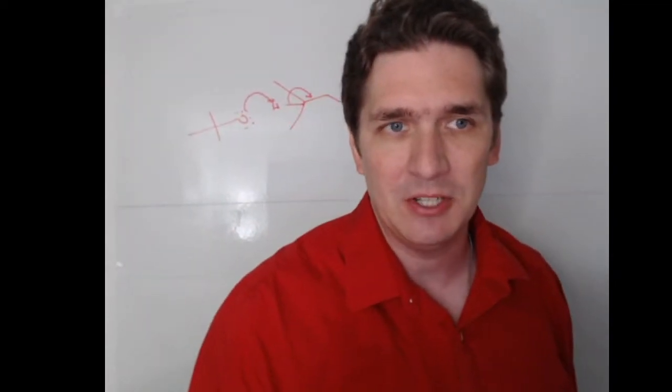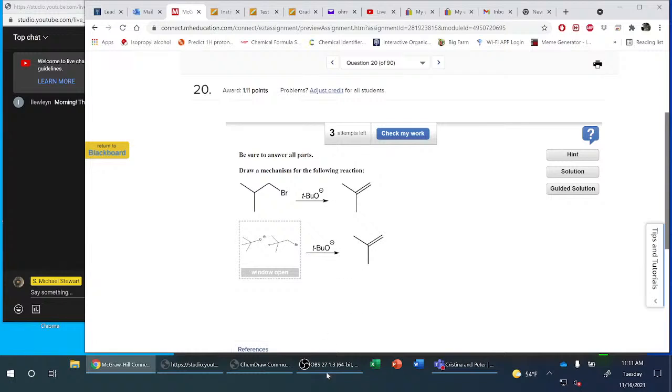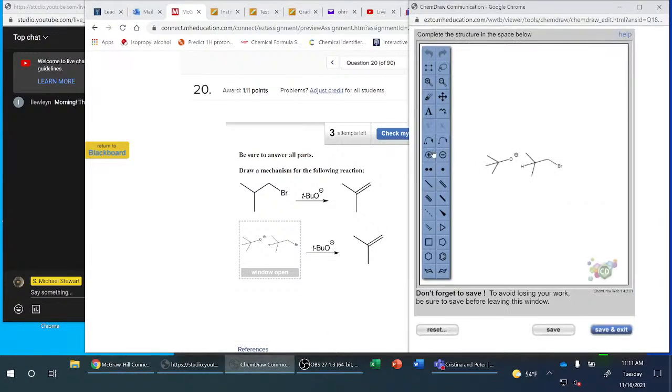My guess is with this one it's probably much more of an issue of just getting the arrows in the right place. So I'm going to switch up, touching onto the desktop. So we're going to go from the oxygen to the hydrogen, to that bond.